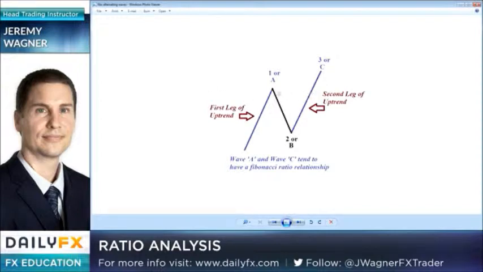So we're going to compare A and C, or 1 and 3, depending on how you want to label it. The neat thing about Elliott wave theory is that the alternating waves generally have some type of Fibonacci-based ratio length, or they're equal in length. So the length of wave C should be equal to the length of wave A.